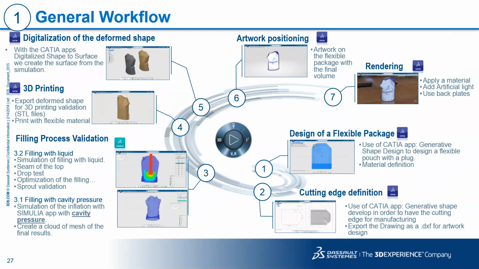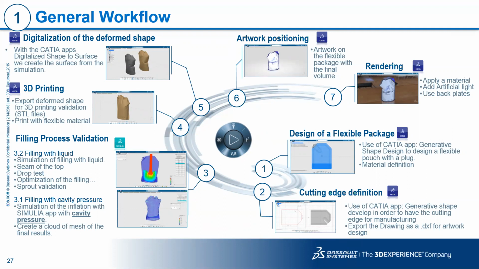So again, this would be an end-to-end demo. We start from the design of a flexible package. For designing the package, we use the CATIA app. We use the generative shape design in CATIA, where we can build the geometry for the flexible pouch.